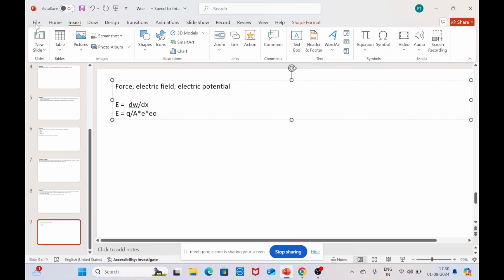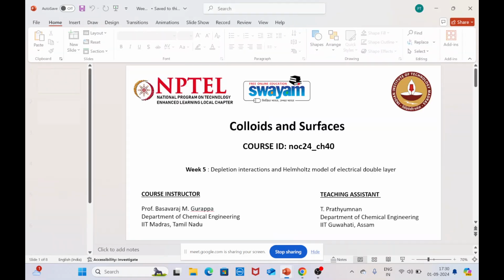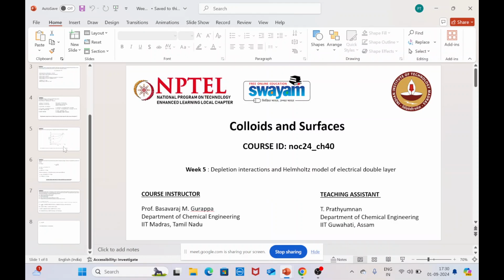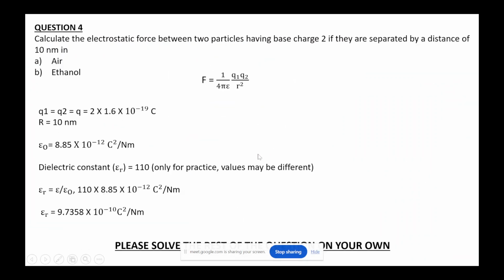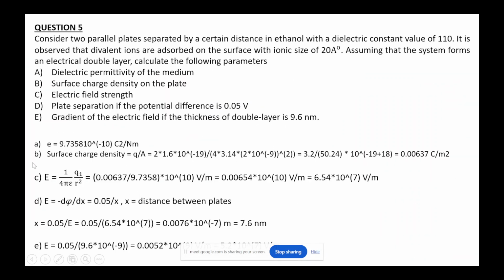Let me just show that. So this was a problem that we solved in the last class. If you see part C, we wrote E is 1 by 4 pi epsilon Q1 by R square.